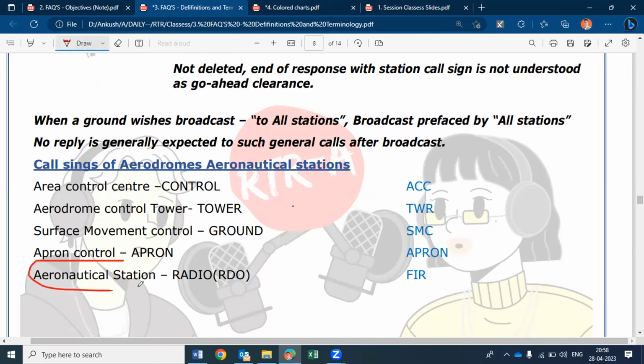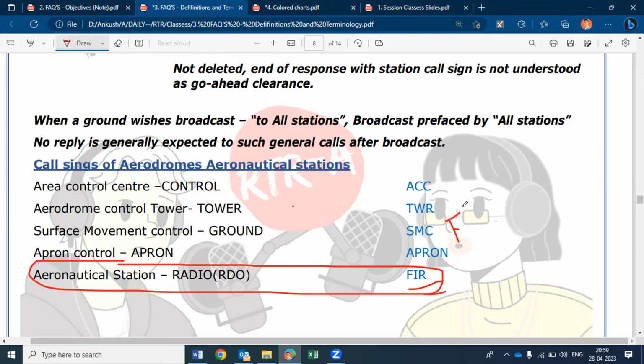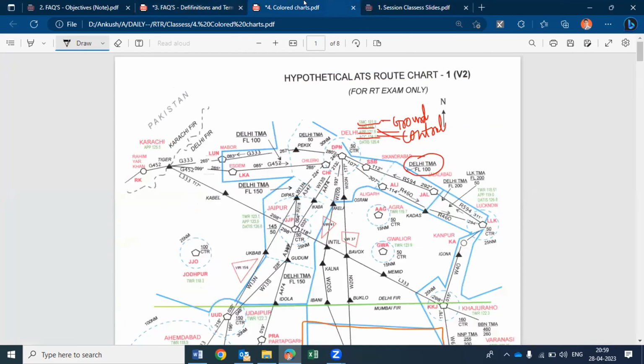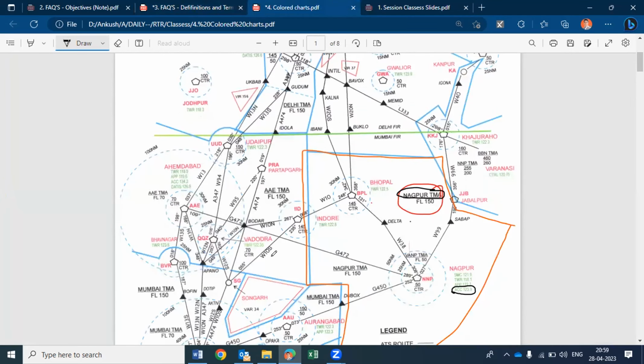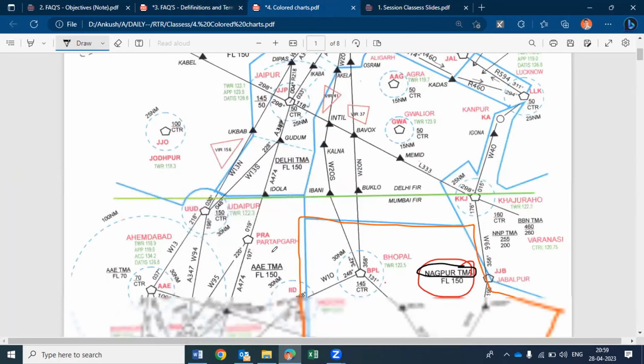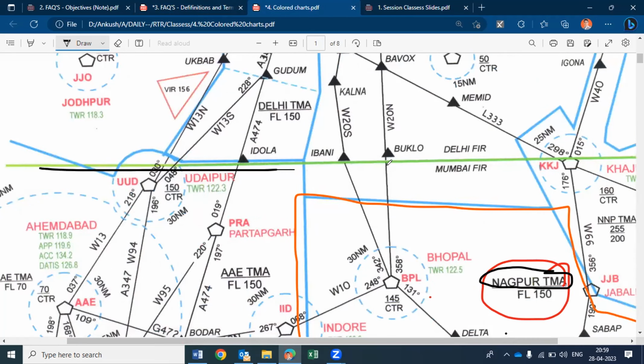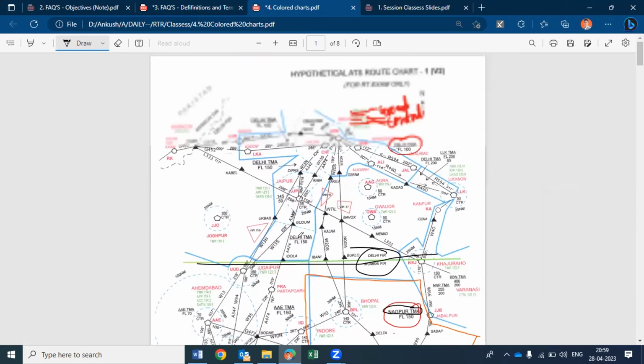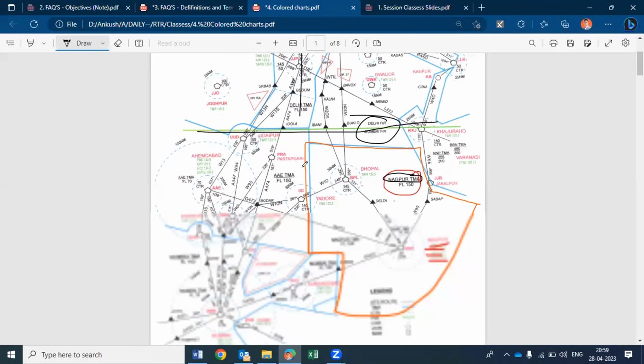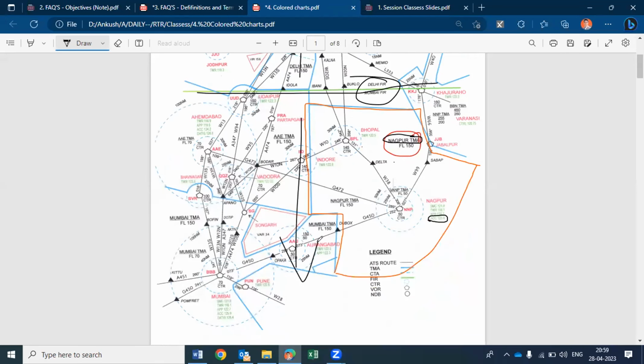And then there is radio. Radio FIR. This is not a first information report. What is it? Flight information region. On a bigger scale, you can see it. What is it? Delhi FIR and Mumbai FIR. Delhi flight region, Mumbai flight region.